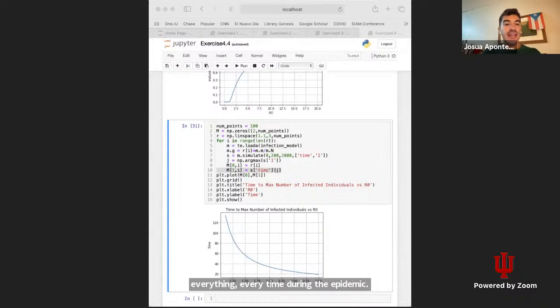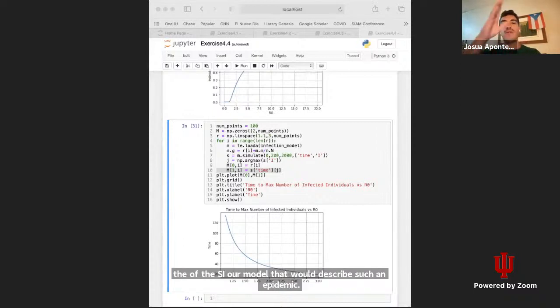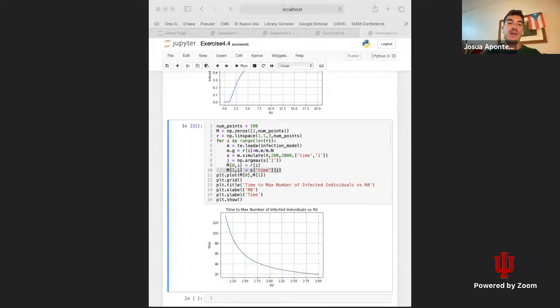And if that is the case, then we can estimate the parameters of the SIR model that would describe such an epidemic by looking at the leading and tail ends of the infectious time curve.